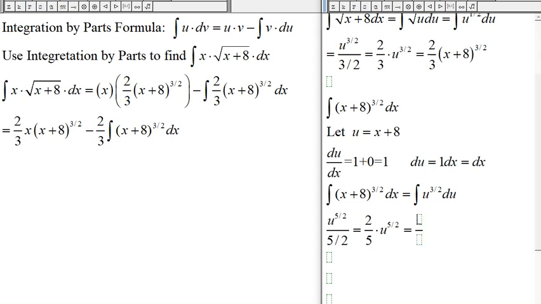So this becomes 2/5 u, but u is x plus 8, so we have 2/5 times x plus 8 to the 5/2.